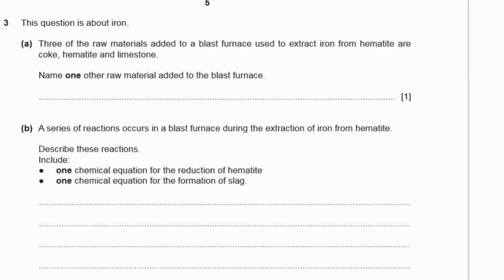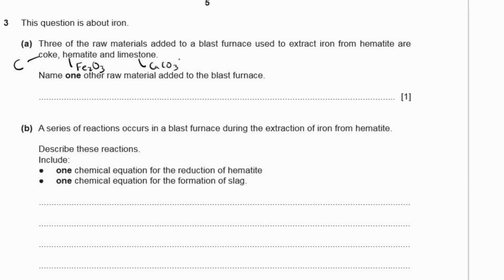Question 3. This question is about iron. A, 3 of the raw materials added to a blast furnace used to extract iron from hematite are coke, hematite, and limestone. Coke is basically just carbon. Hematite, the formula for that is Fe2O3, and that's where you're getting the iron from. And limestone is calcium carbonate.